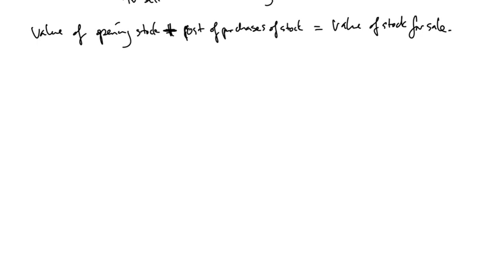That's just saying that the value of the stuff you have left over from last year plus the value of anything that you purchased during the year is going to be how much you have available for sale.